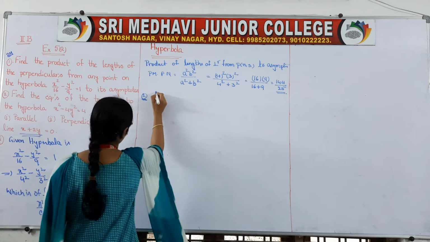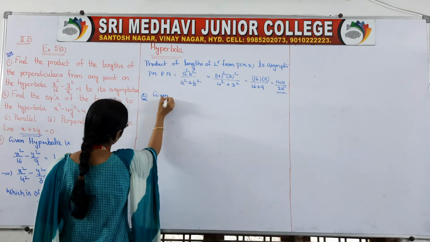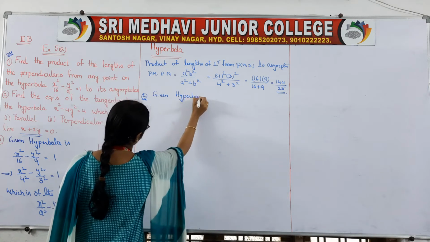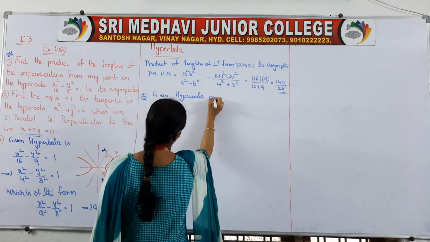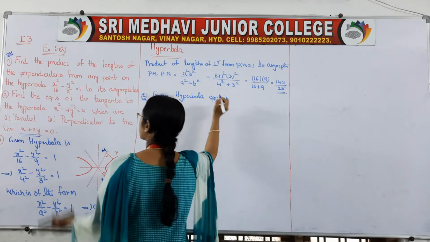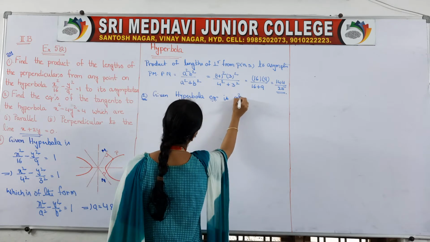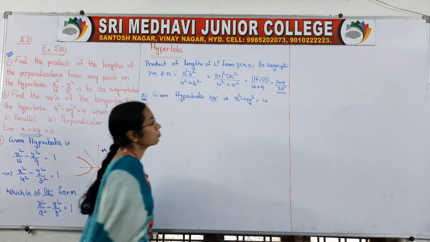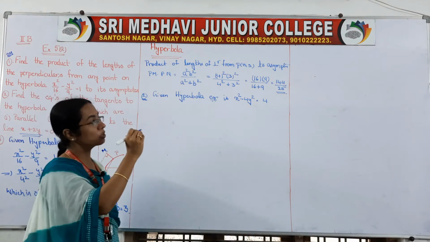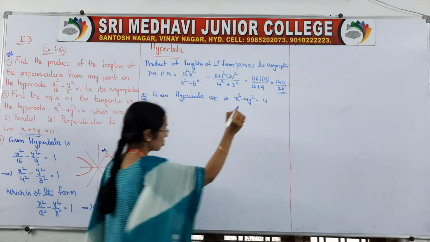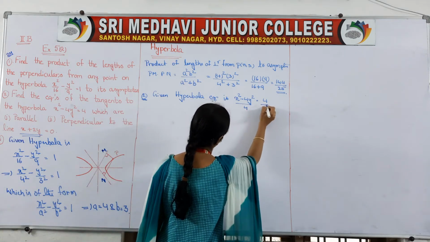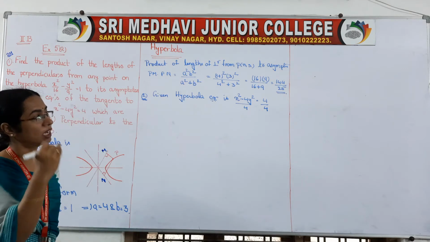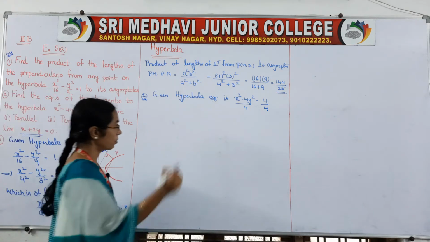So the given hyperbola equation is x square minus 4y square is equal to 4. Try to reduce it into your standard hyperbola form. So dividing this by 4, you can reduce the equation into your hyperbola form.